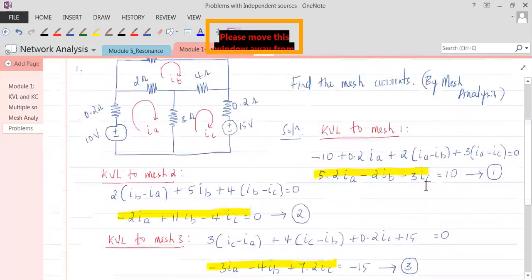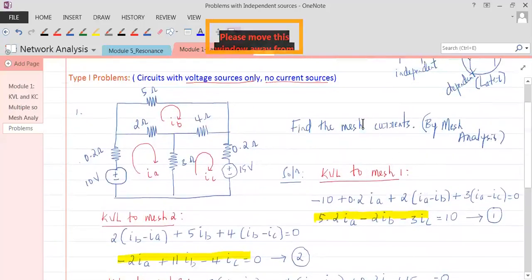See here, one more thing that I want to tell you. Find mesh currents. When they say find mesh currents, these mesh currents were not given. We have marked them to begin with. This IA, IB, IC, which I have marked in red, were not given in the problem.